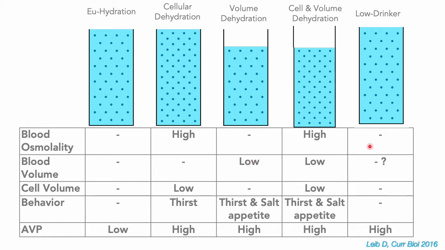So blood osmolality doesn't seem to change. Blood volume, based on what we know today, doesn't seem to change either. Cell volume seems to remain unchanged, and we're not thirsty. This is the condition that I call underhydration. However, if we measure vasopressin, it is stimulated.